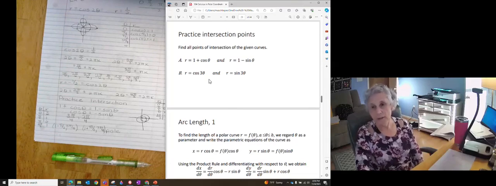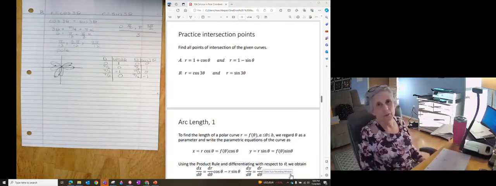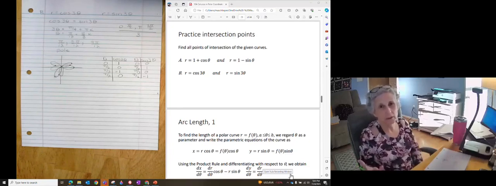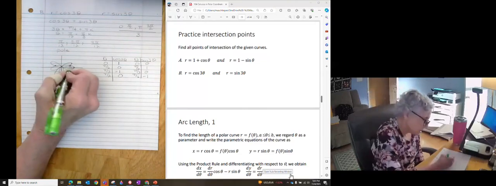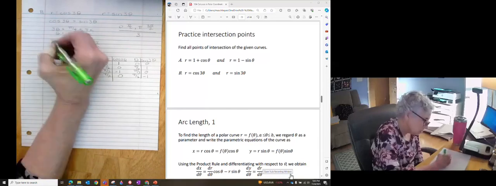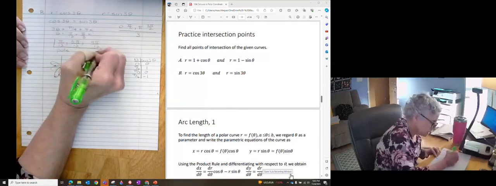Okay, try the next one on your own. We'll meet back and compare answers. Okay, my picture's terrible. It's just really terrible. Those don't look like roses. Those look like wilted roses. But it does show me that they have 1, 2, 3 intersection points.